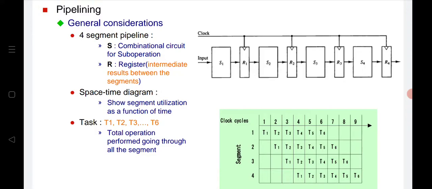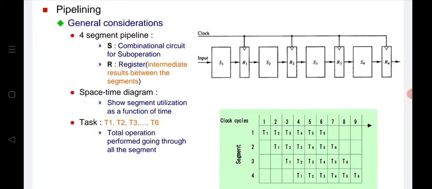Now for this same thing, if I draw the timing diagram, the space time diagram, let us see what happens in the first clock pulse: your states T1, T2, T3, T4, T5 and T6 will execute. In the second clock pulse, you again execute T1, T2, T3 till T6. In the third clock pulse, the third segment executes T1, T2, T3, and then the fourth.